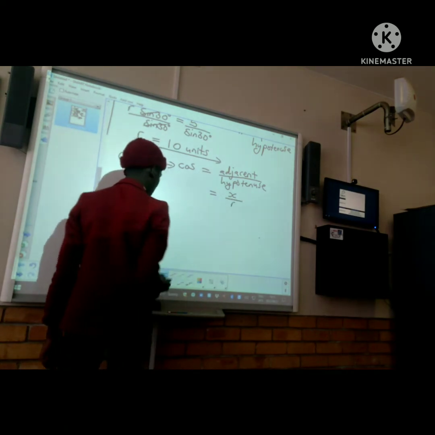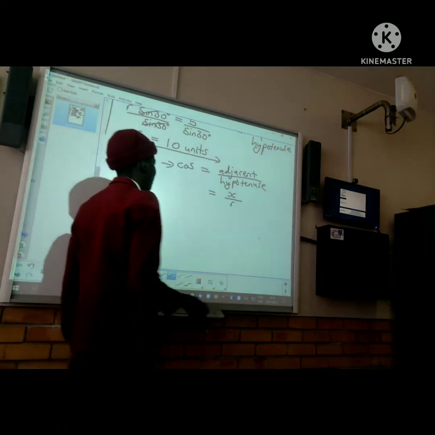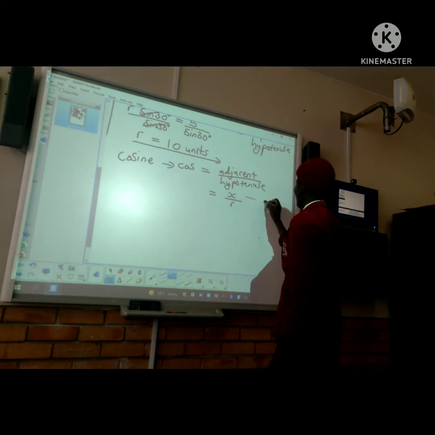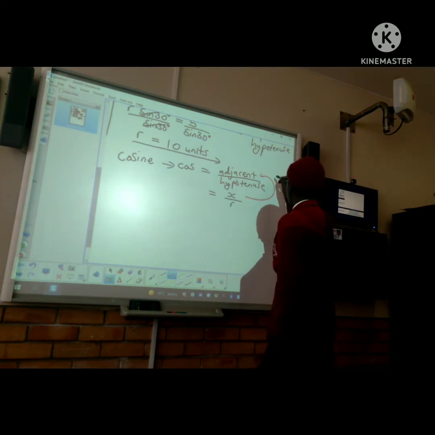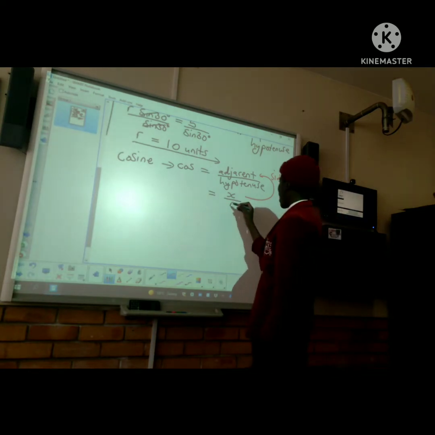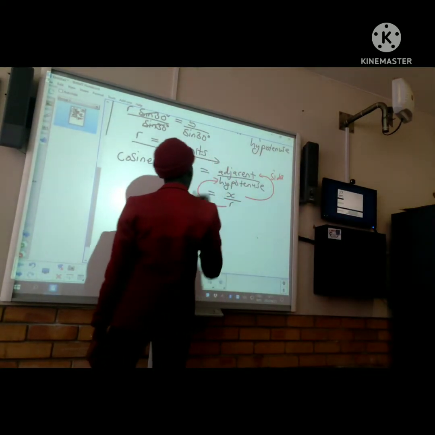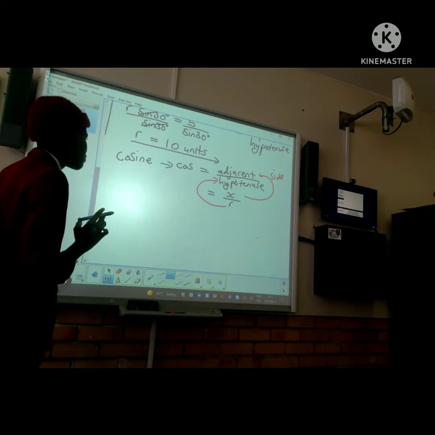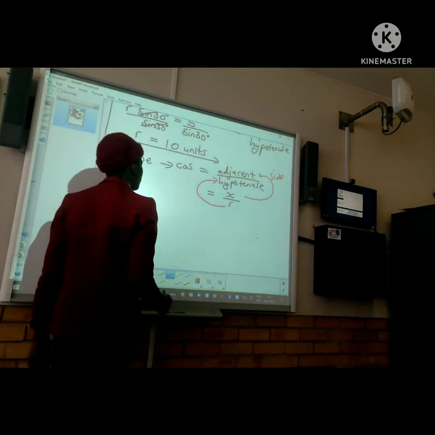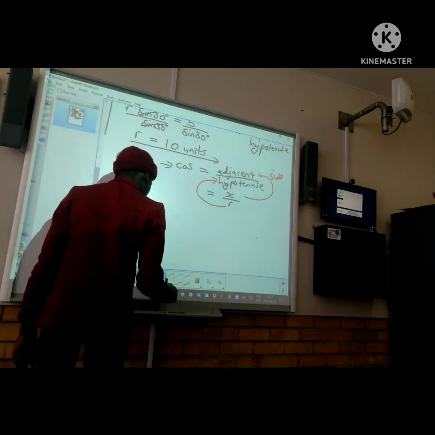So R is the hypotenuse. So this X is representing the adjacent side, and then the R is representing the hypotenuse of that triangle. Remember, the hypotenuse is the side that is opposite to the 90 degrees angle.